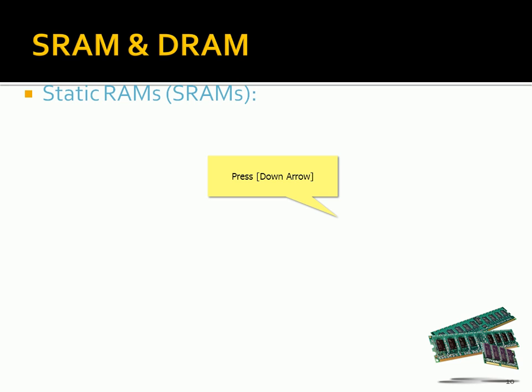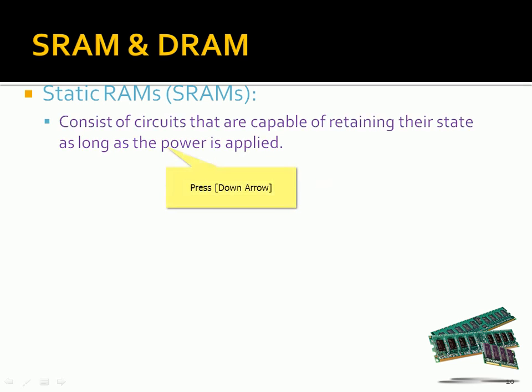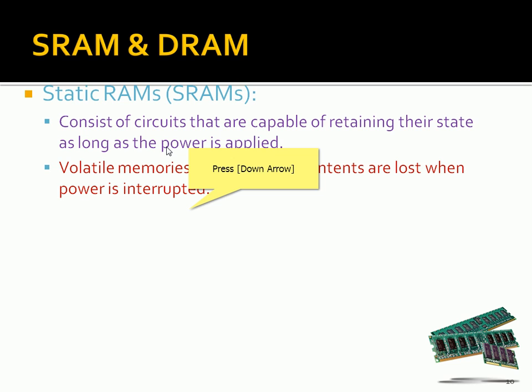Static random access memory consists of circuits capable of retaining their information as long as the power supply is there, right? So a power supply must constantly be provided to maintain the data in the cell. It is volatile memory, because its contents are lost when the power supply is interrupted.